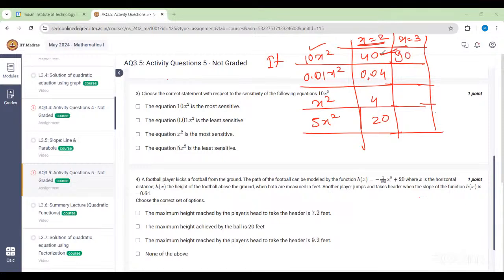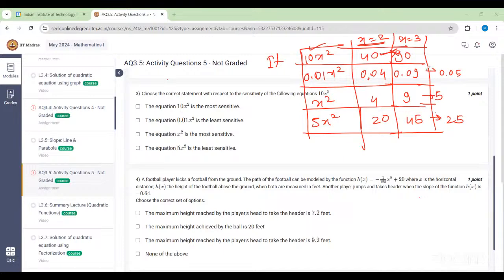So we are jumping 50 with the help of 10x square, right? But here if you substitute 3, we get 0.09, so the difference is only 0.05, which is not much compared to a difference of 50, correct? Here the difference is 5. Here, 3 square is 9, 45, so the difference is somewhere like 25, right?